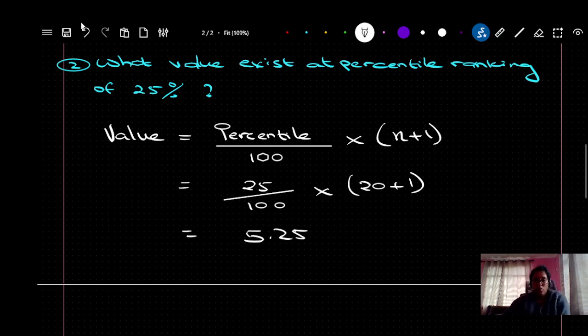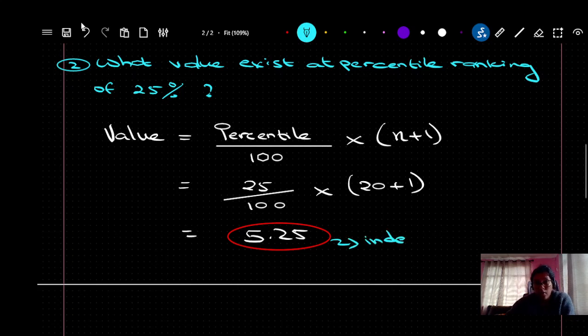Something to know: this 5.25 is not actually the value. It is the index position in this data set. We haven't found the value yet, so we're going to use it to find the value.